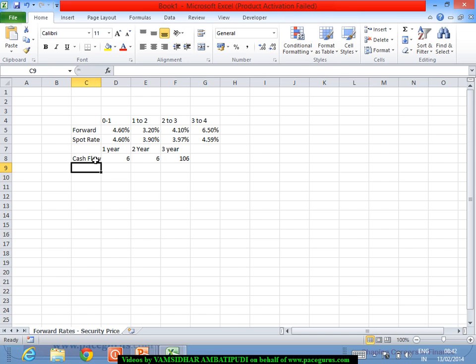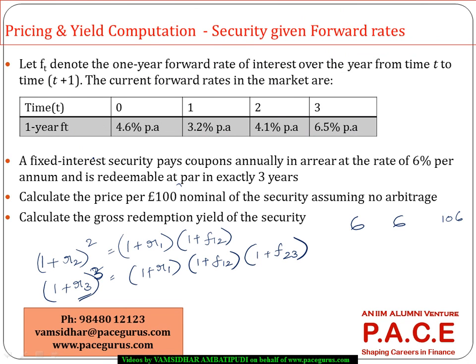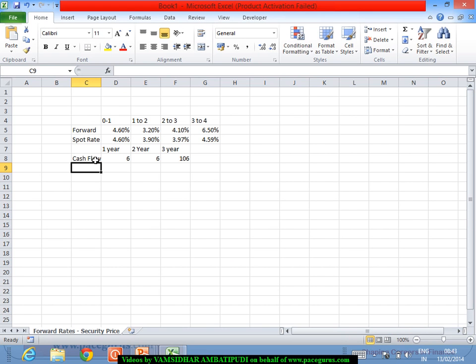So what I can do is each of these cash flows I will discount by their spot rate. So the present values, if I want to find out, this 6 I will discount by 1 plus the spot rate for 1 year. Then this cash flow I will discount by (1 plus the 2-year spot rate) squared.